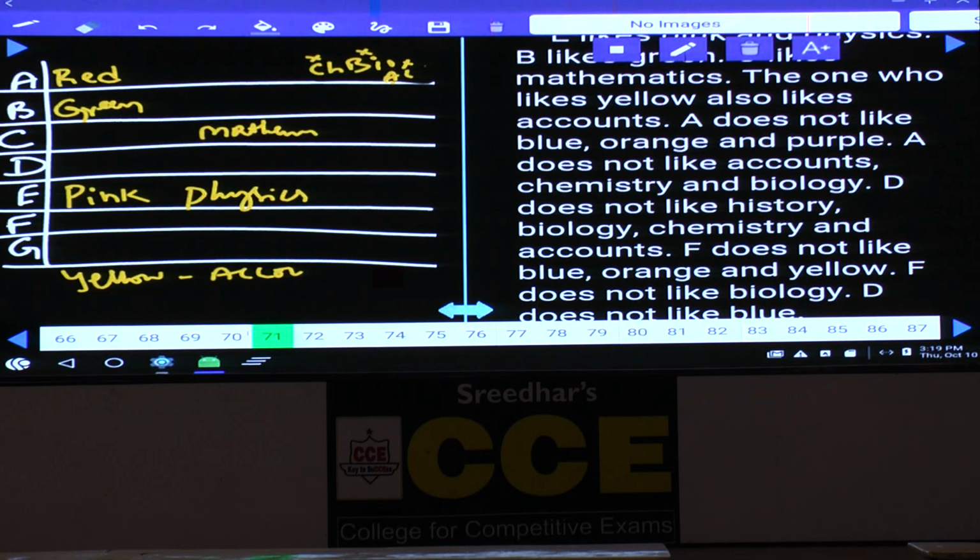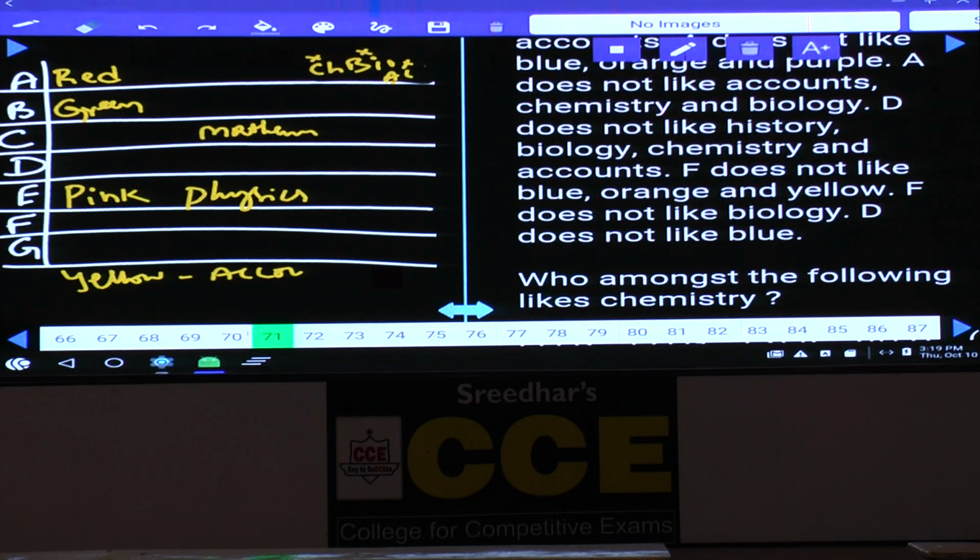Then D does not like history, biology, chemistry and accounts. These 4 are ruled out, so history, biology, chemistry, accounts, mathematics and physics, 6 subjects, were ruled out.